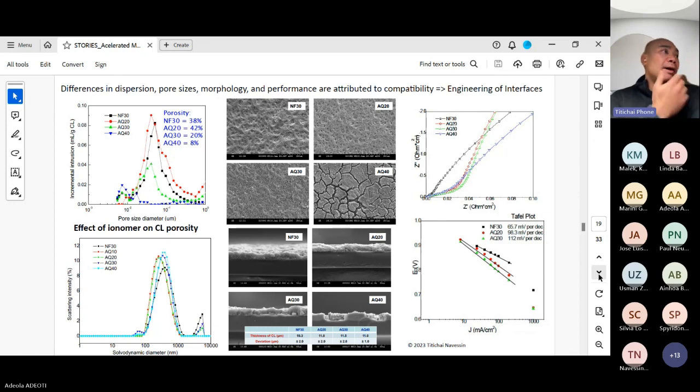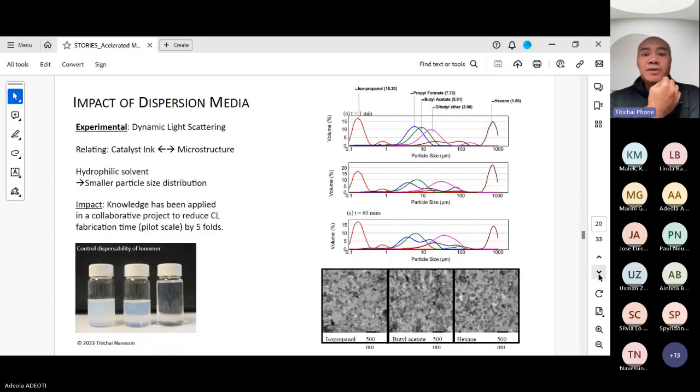On the next slide, I'll talk about the impact of dispersion media on the ink. So in addition to the materials, the dispersion media that we use to disperse both the catalyst particles and the ionomer has a strong influence on the particle size and the size distribution.